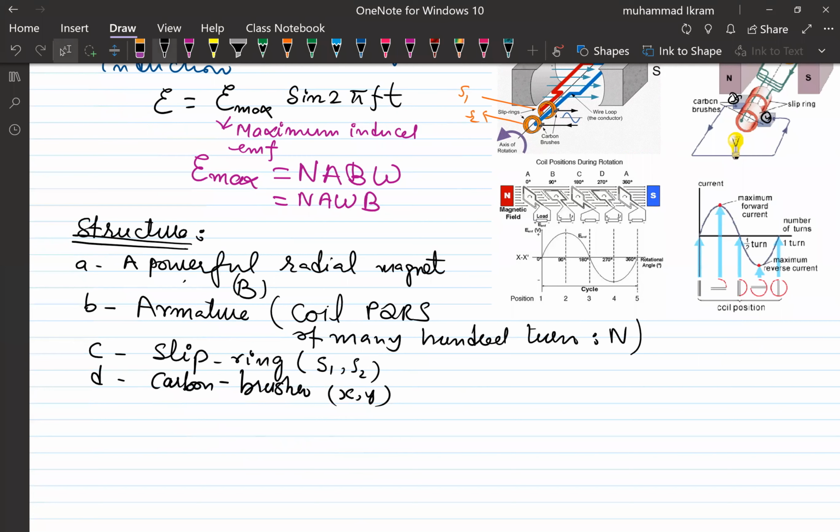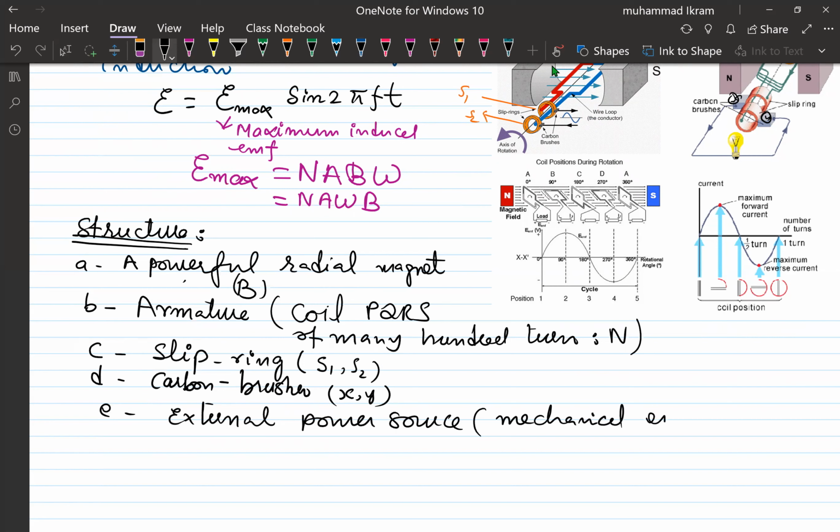Now, the derivation of this equation and the working. There is another important point, I'm sorry: the external power source. This external power source is mechanical energy, which keeps the coil moving inside the magnetic field.